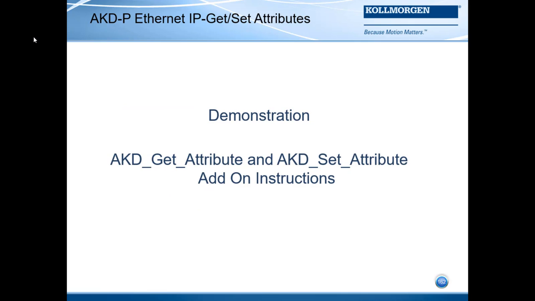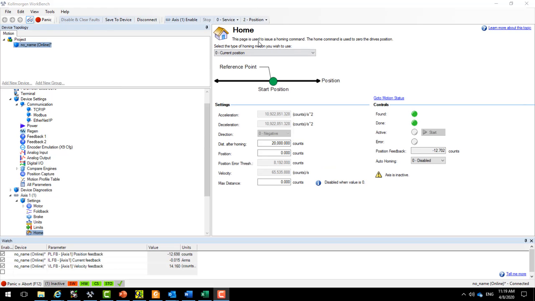Now we're going to demonstrate using the AKD set attribute and AKD get attribute to write and read to the home.mode parameter via the home mode attribute in the position controller. From Workbench you can see that the current homing mode or type is 0, current position.